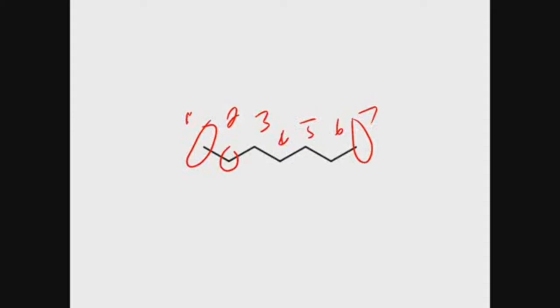As you can see, if there's a double bond, there will be a line like this somewhere, anywhere. You will see a double line, but in this case there is no double line. It's just a straight chain, all single bonds. So this is basically a heptane.